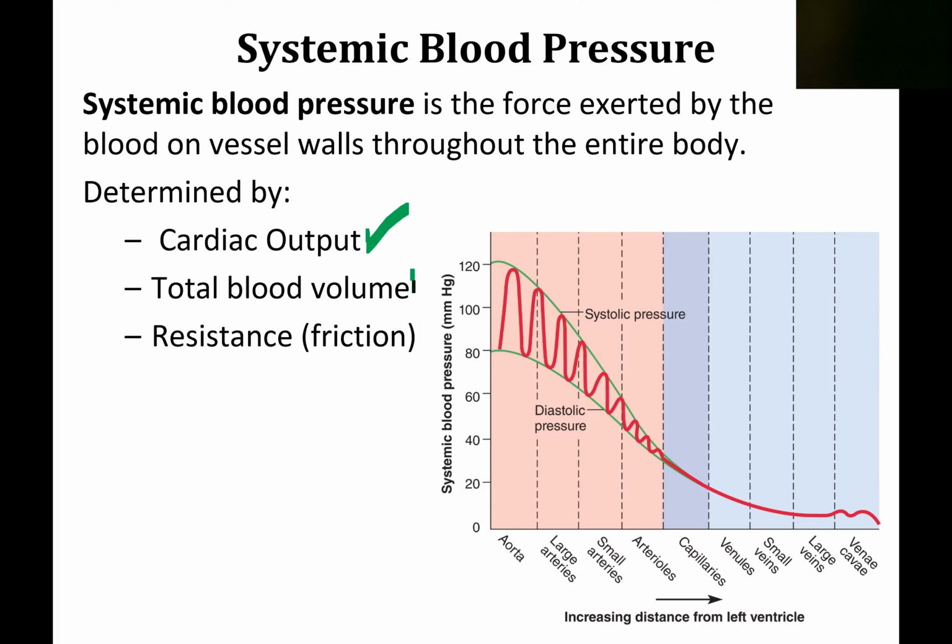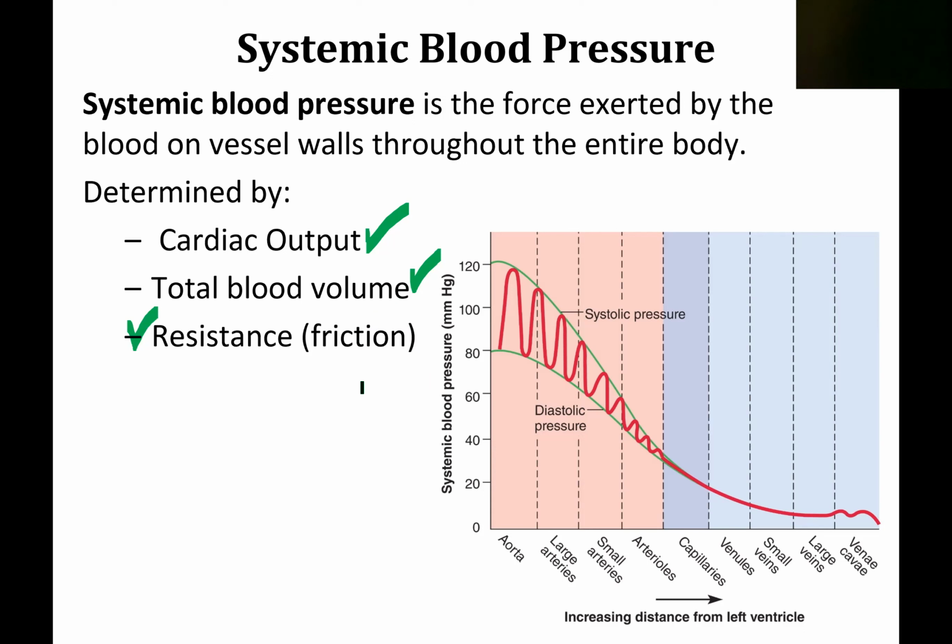Total blood volume, same type of relationship, direct. If total blood volume is high, systemic blood pressure will be high. If total blood volume is low, then systemic blood pressure is going to be low. Resistance or friction. Resistance is going to have an inverse relationship. If you have more resistance, you're going to have less pressure.